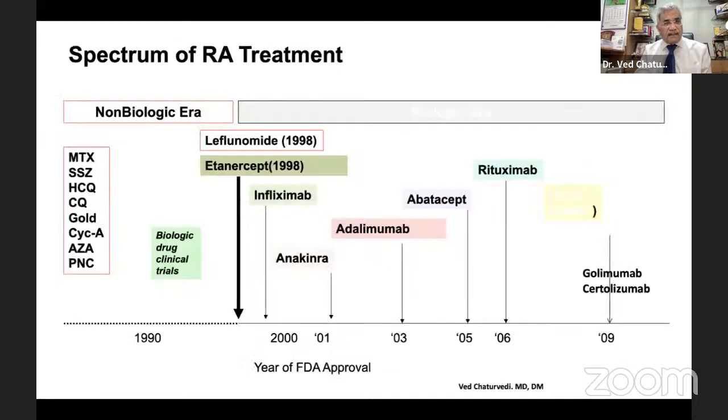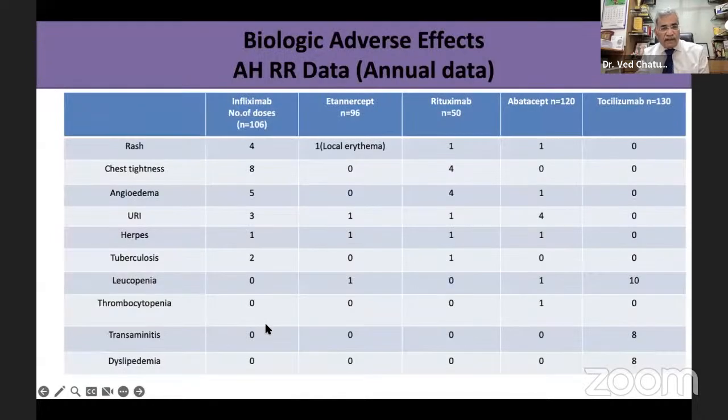And then came the anti-TNF drugs. Initially, these two drugs came, etanercept and infliximab. We had infliximab, and this was somewhere around 99, 2000, and we used this drug, and since then we have used it in many patients.